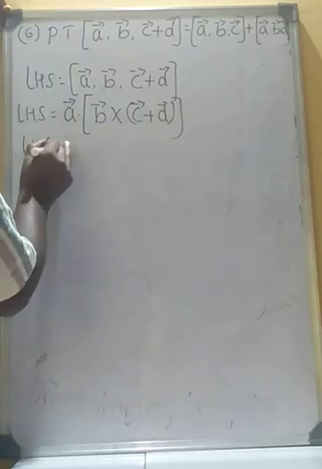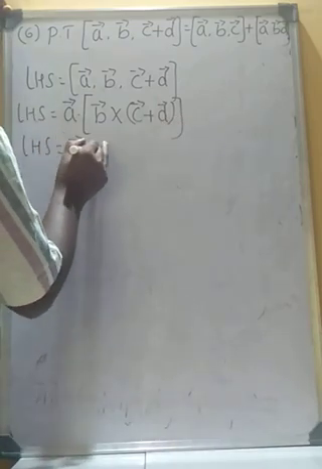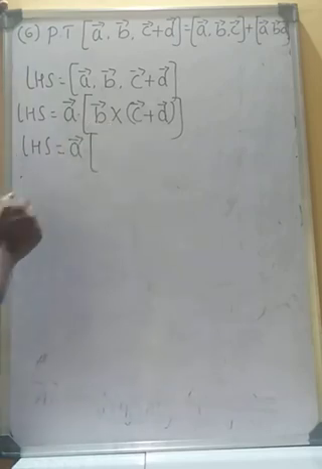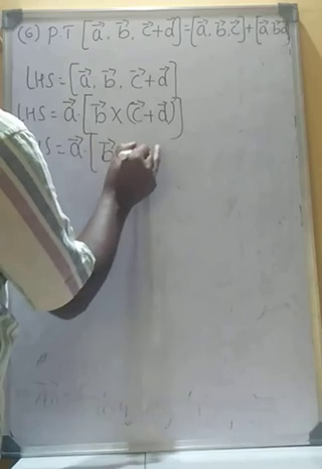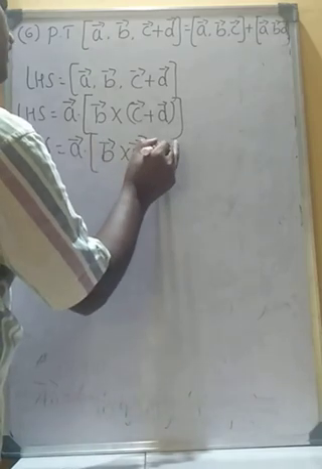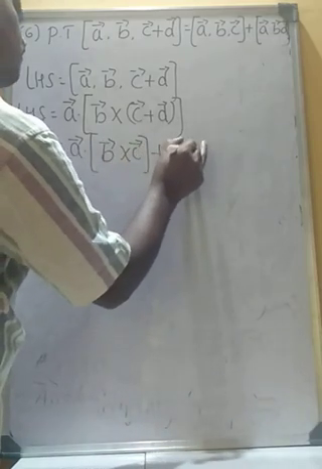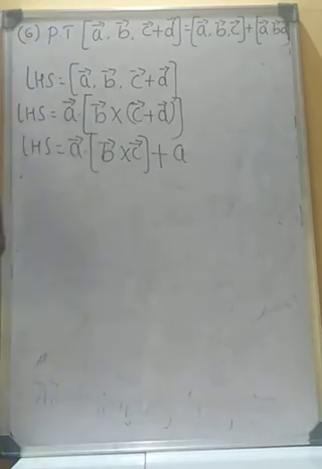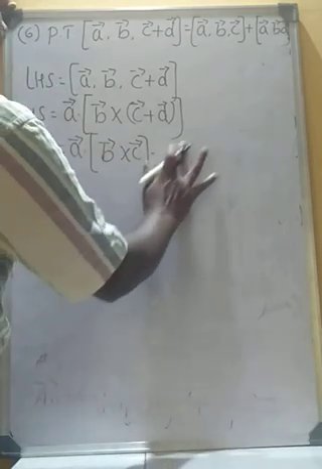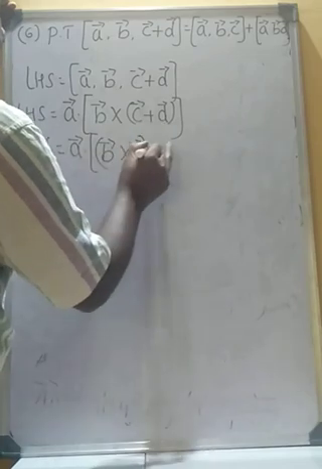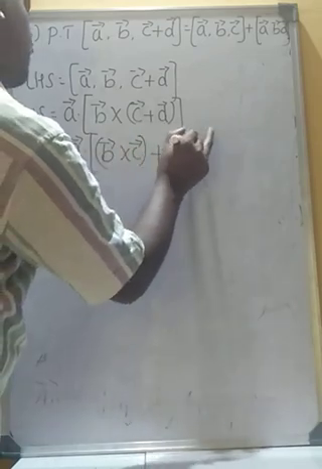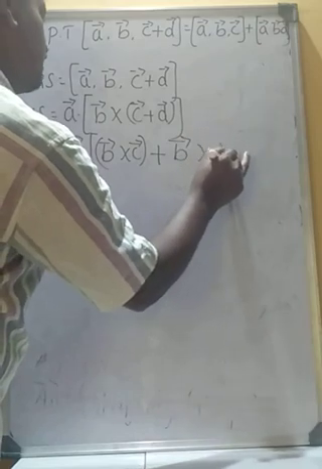Therefore, left hand side is equal to vector A dot (B cross C plus B cross D).